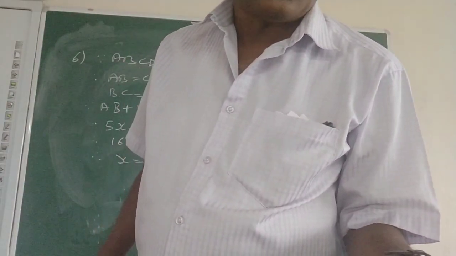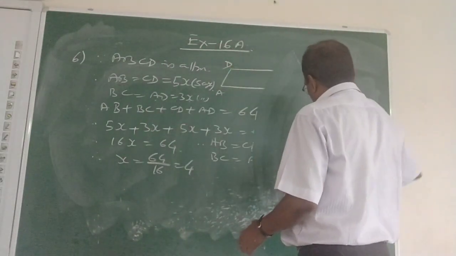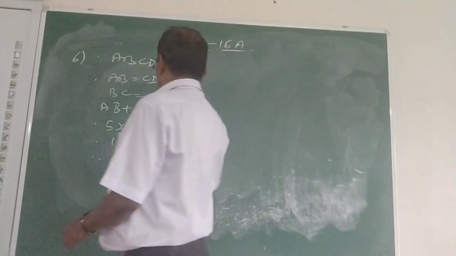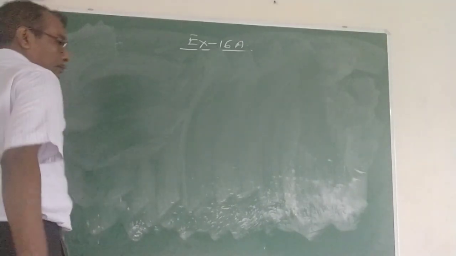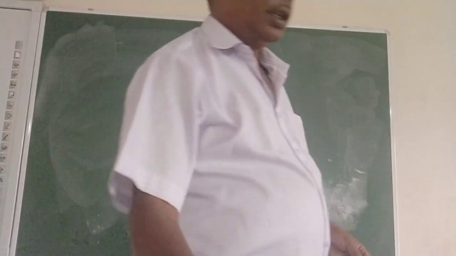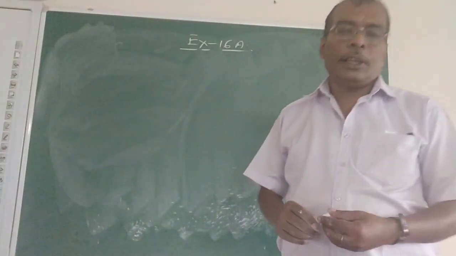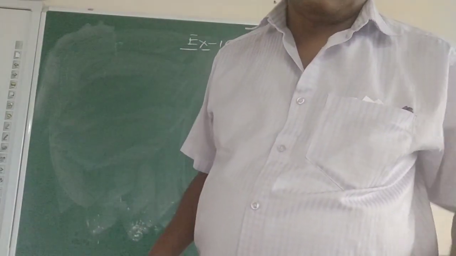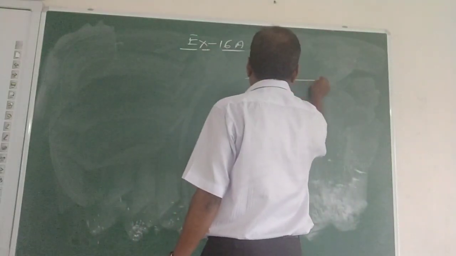Now let us go for the next one. That one is question number 8. Question number 8 says that in the adjoining figure ABCD is a rectangle.